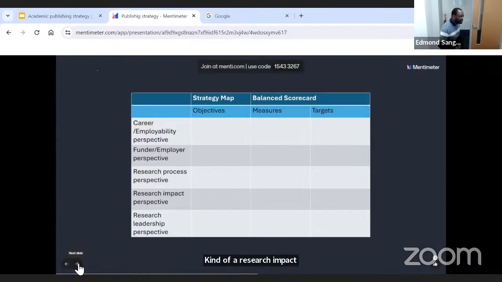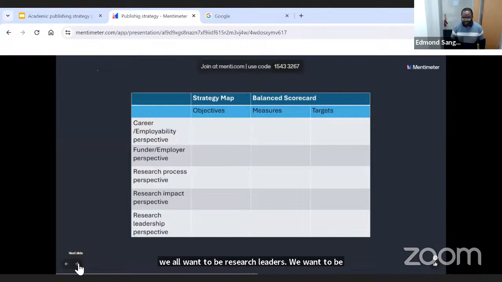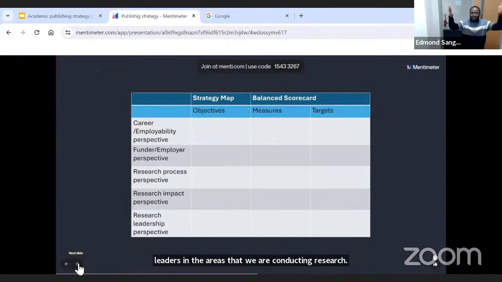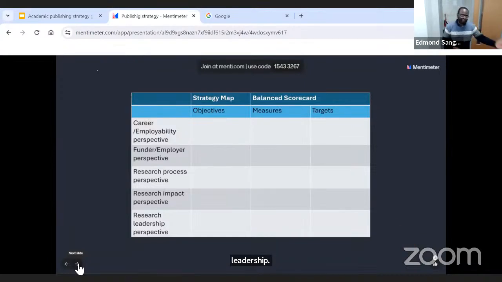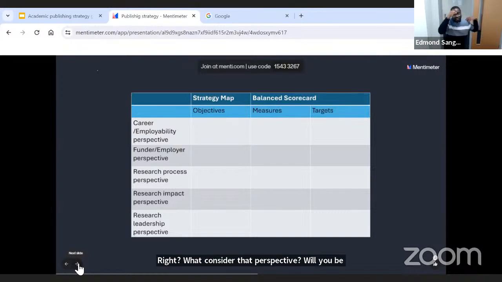Then the next thing is, we all want to be research leaders. We want to be leaders in the areas that we are conducting research. So using the perspective of a leader, you have moved away from the societal impact, now to your leadership. Consider that perspective. Will you be training master's students? Will you be training undergraduate students?